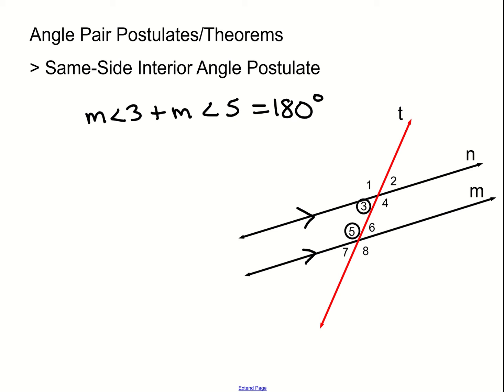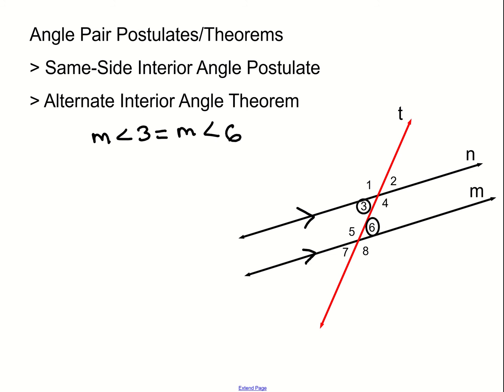So in this example, 3 and 5 are examples of same side interior angles, and we know by the postulate that they add up to 180, so they're supplementary. Another example of this would be angles 4 and 6. They would be same side interior angles as well.